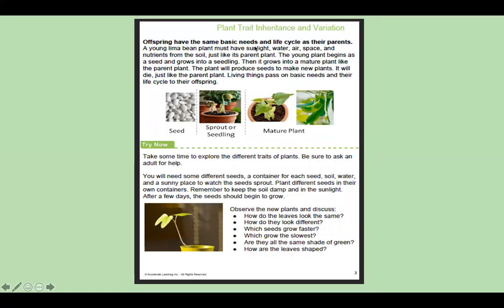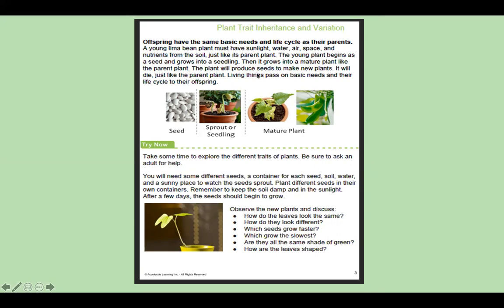Offspring have the same basic needs and life cycle as their parents. A young lima bean plant must have sunlight, water, air, space, and nutrients from the soil, just like its parent plant. The young plant begins as a seed and grows into a seedling. Then it grows into a mature plant like the parent plant.